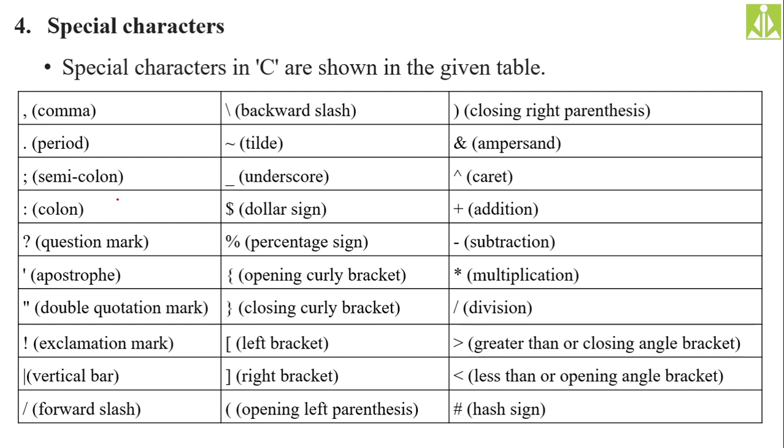So one small statement I want to make over here is that simply you can remember whatever characters you see on the keyboard, all those characters, they have some special meaning in C language, and you can use them as part of narrating the programs.